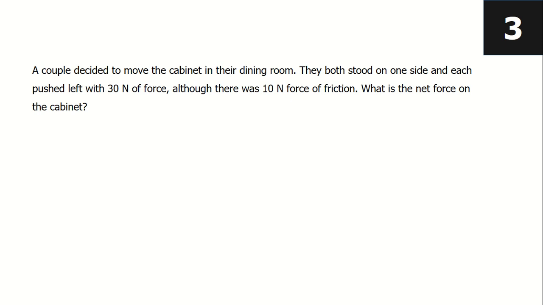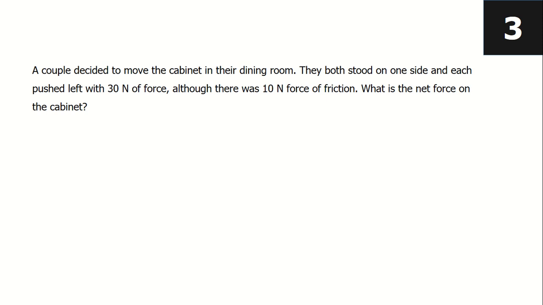On the third item, a couple decided to move the cabinet in their dining room. So we have two people pushing the cabinet. They stood on one side and each push left with 30 newtons of force. So their pushing force is the applied force. And you expect that you will have two applied forces since there are two people, a couple, pushing the cabinet.